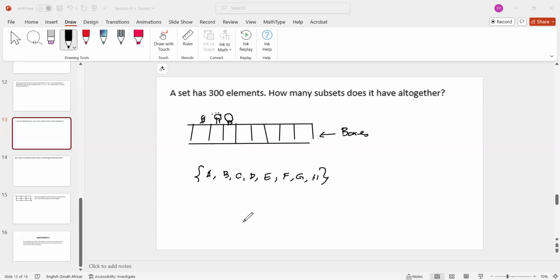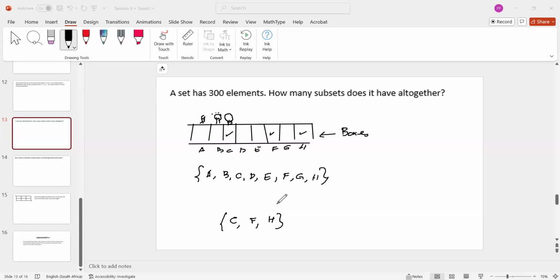Suppose the subset I choose is C, F, H. So this is your A, B, C, D, E, F, G, H. I'm going to put my C, F, and H. I want to put C inside here, and I'm going to put F inside here, and H. Now, the moment I do this, these three light up, and the others are dark.